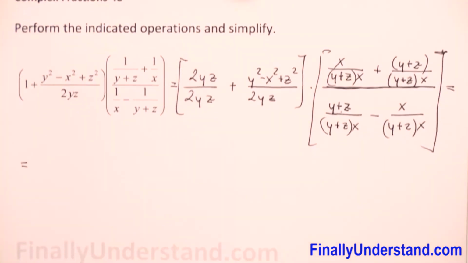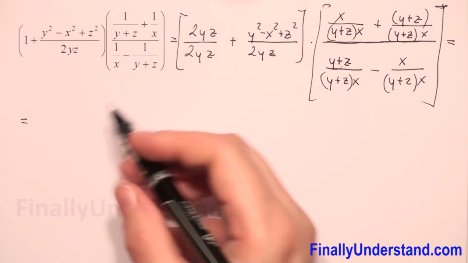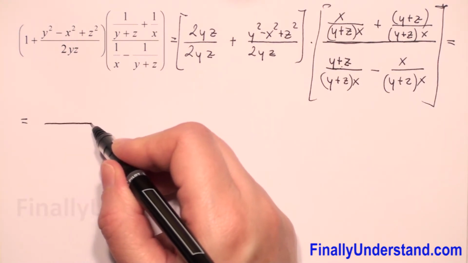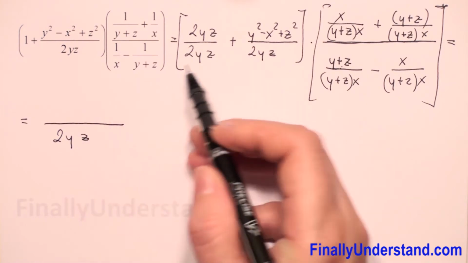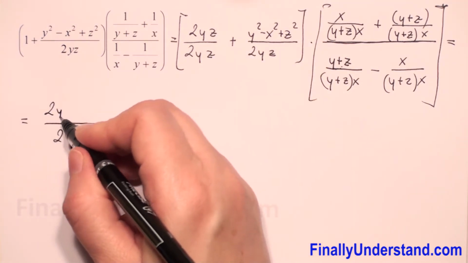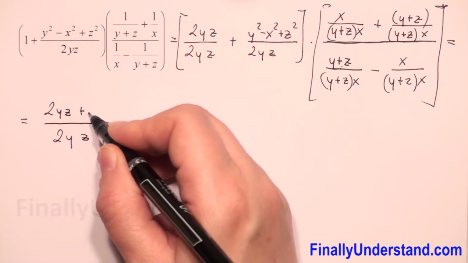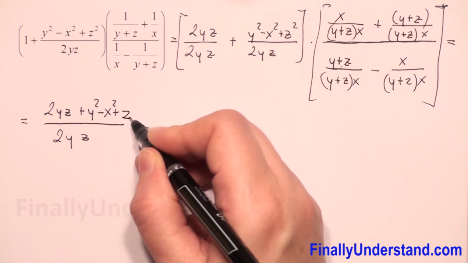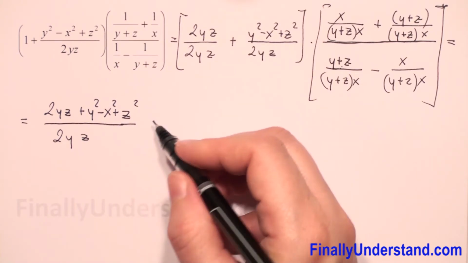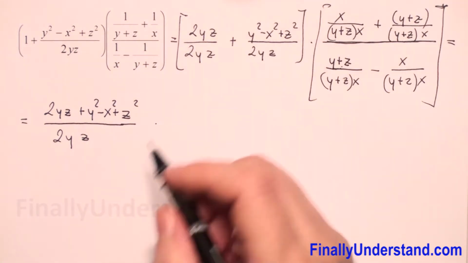So this is equal. Next, the same denominator, so we can add these two fractions. We have in denominator 2yz, and now we add 2yz plus y squared minus x squared plus z squared, and we have times.